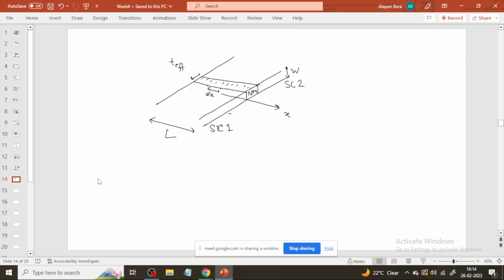Now we have to integrate the current density to get the final equation of current. Okay. So now we represent this Jx that we have derived in terms of its sine function.